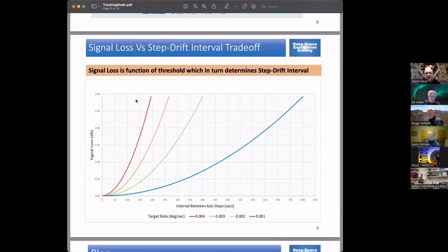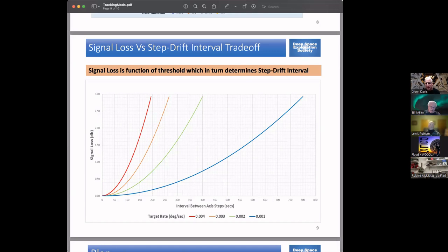And we command elevation to 0.2 degrees per second. Before we get to the target, 3/4 degree from the target, then we command down to the step rate.